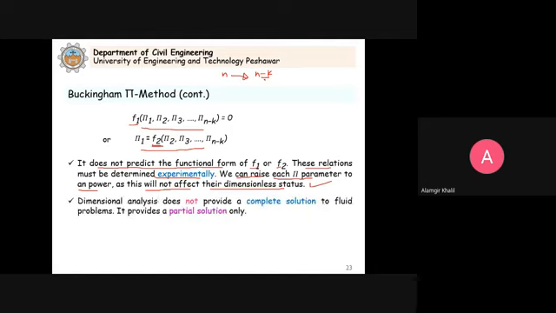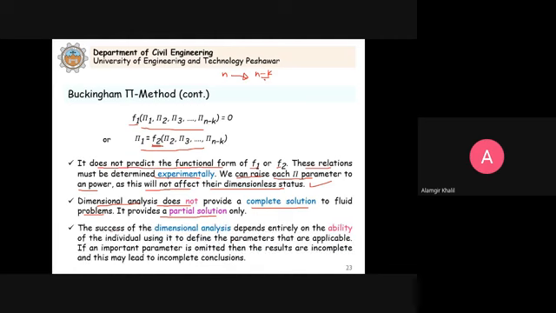Dimensional analysis, this is what is written in your textbook, does not provide a complete solution to a fluid problem. It provides a partial solution only. The success of dimensional analysis depends entirely on the ability of the individual using it to define the parameters that are applicable.